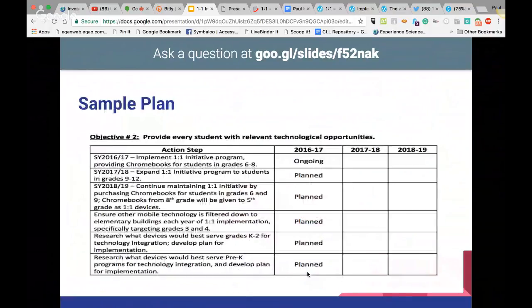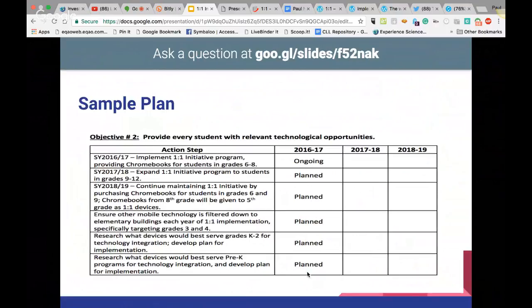This is an action plan that I took from a school in the States, and the interesting thing about the action plan is that this was a district level action plan. So when the district decided to go one-to-one, they invested a considerable amount of money to make sure that every child had a machine, and they started with particular grades.